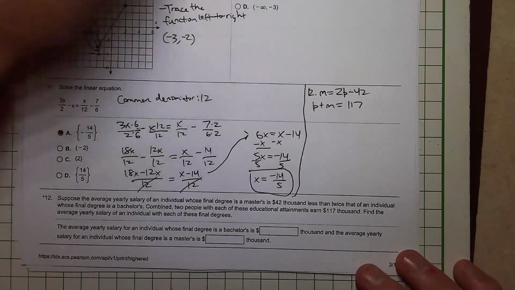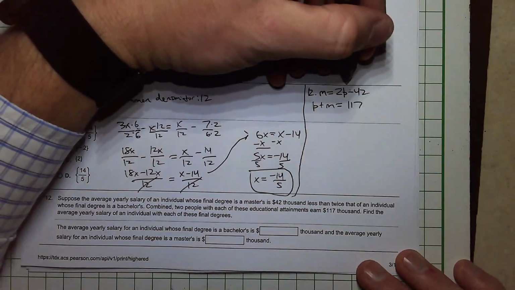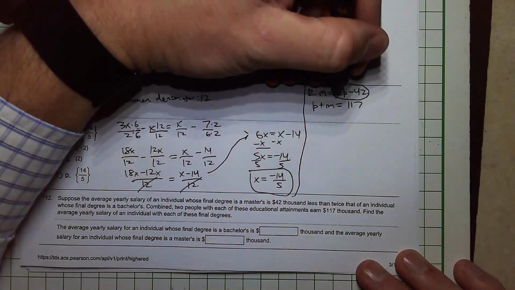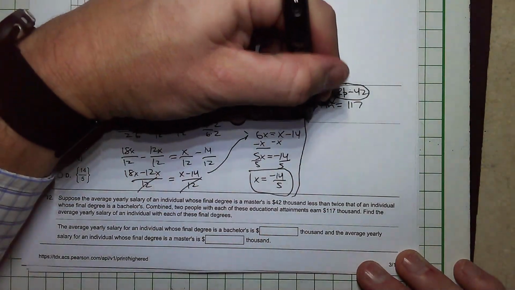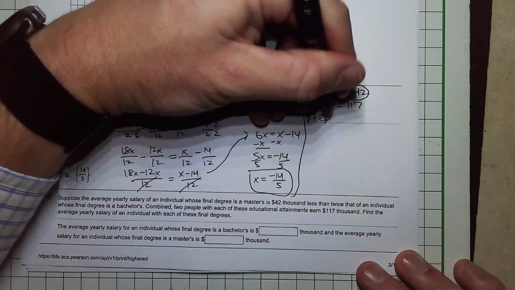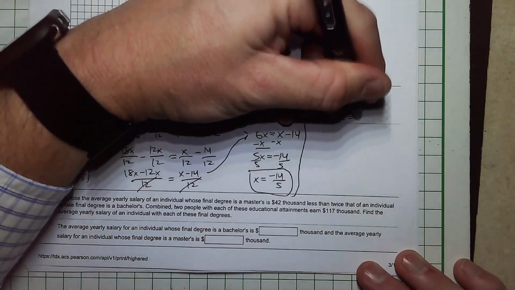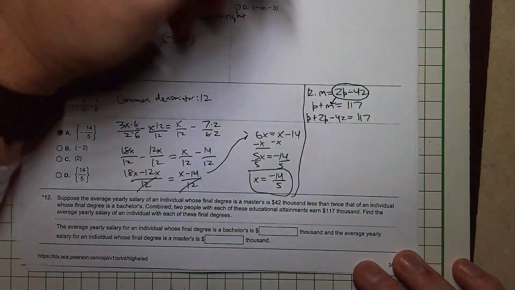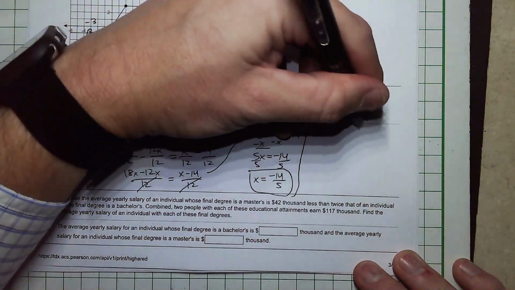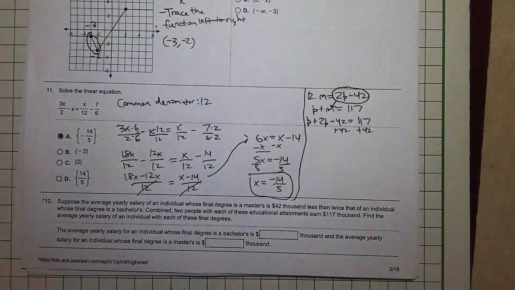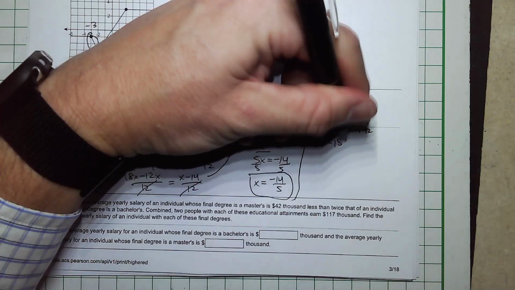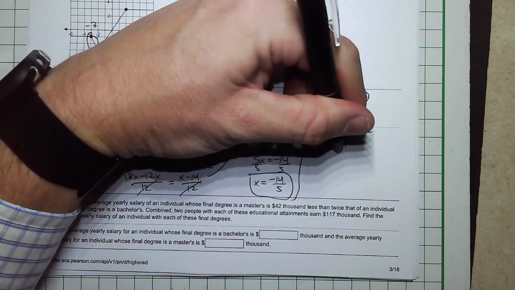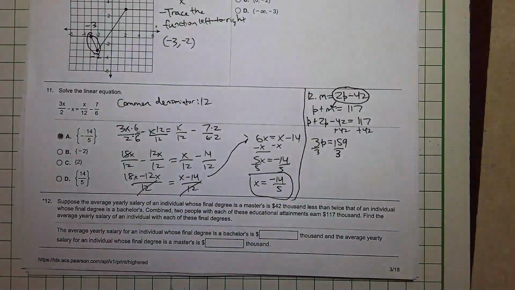So I've got to find the yearly salary of the 2 degrees. Like I did earlier, I've got a system of equations. The master's equals this, so I can plug this in for m. I've got 2 equations with 2 variables, and I need to get down to 1 equation with 1 variable. So b plus 2b minus 42 equals 117. I can add 42: 117 plus 42 is 159. So 3b equals 159. Divide by 3, you get 53.